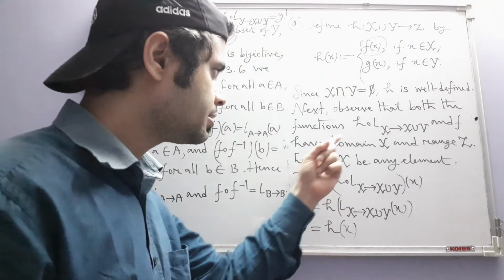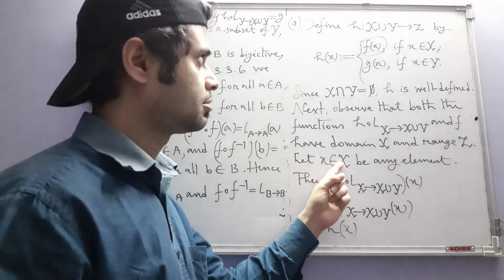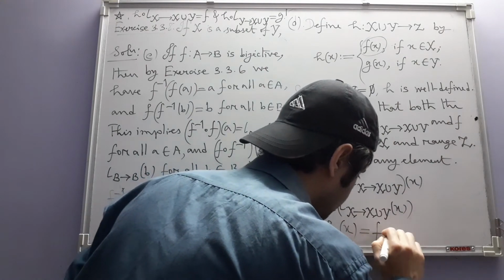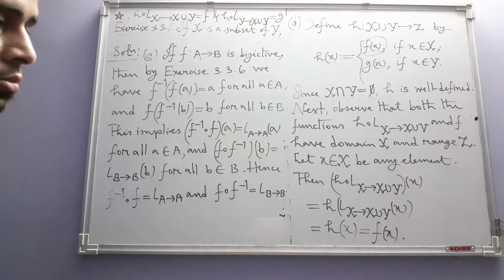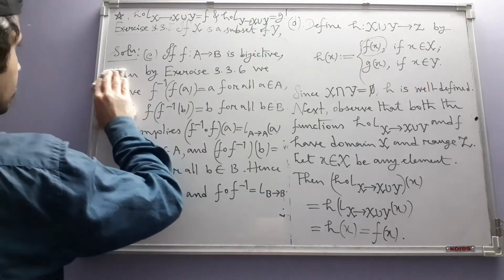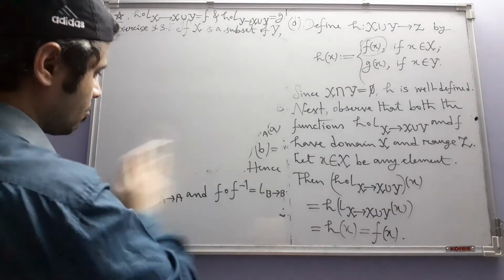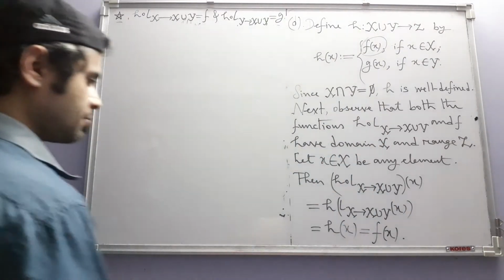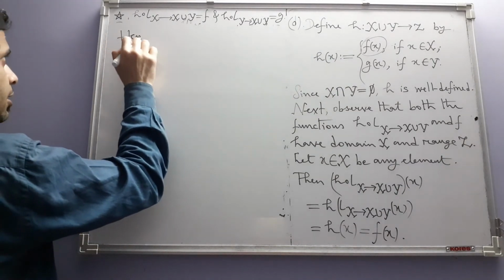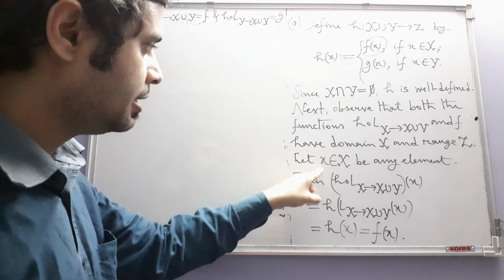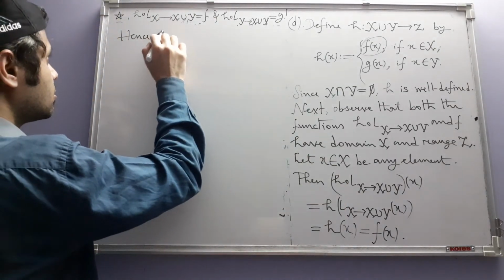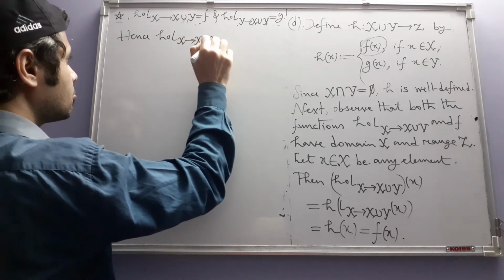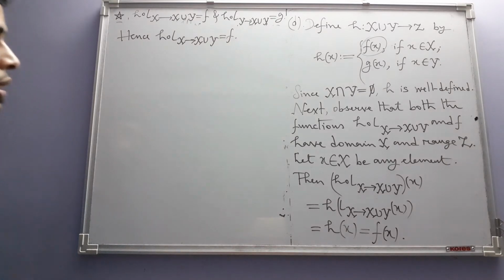But keep in mind that this x is coming from capital X. So according to the definition of H, this H(x) is nothing but F(x). Hence, since we have shown that this is true for any x in X, the two functions are equal.